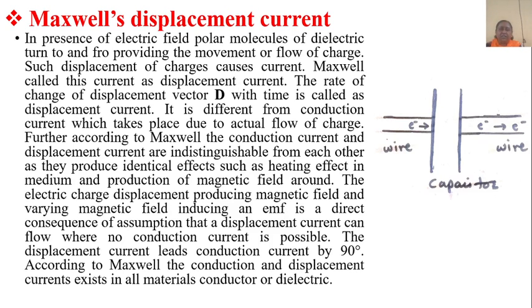The electric charge displacement producing magnetic field and varying magnetic field inducing an EMF is a direct consequence of the assumption that a displacement current can flow where no conduction current is possible. The displacement current leads conduction current by 90 degrees. According to Maxwell, the conduction and displacement current exist in all material conductors or dielectrics.